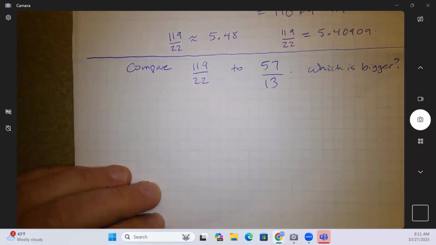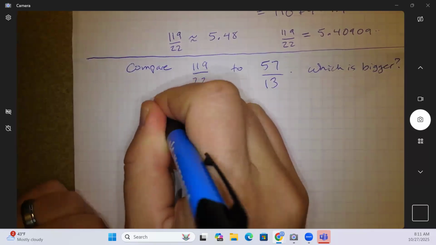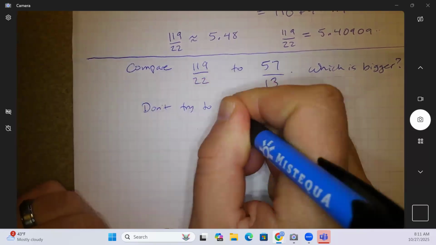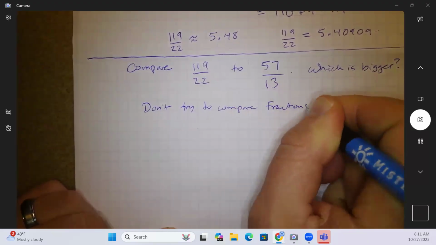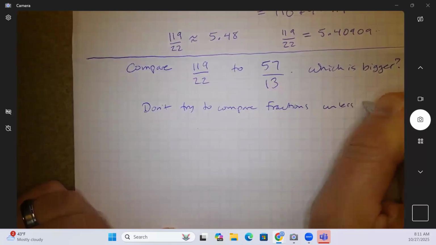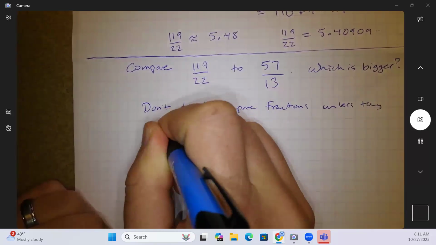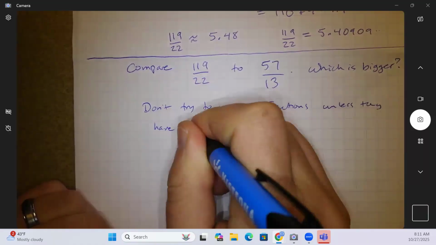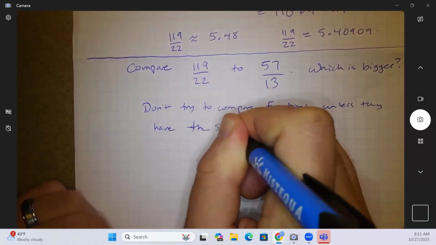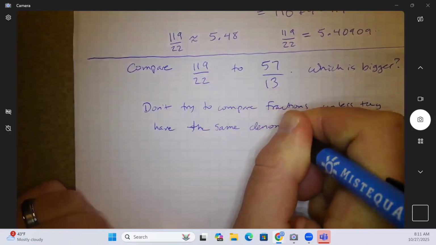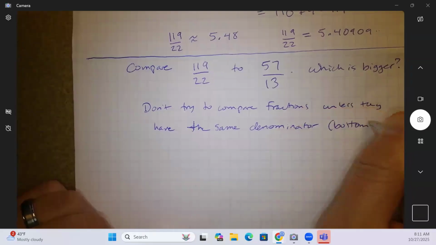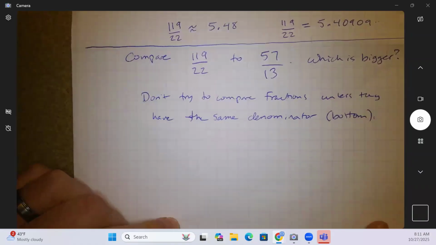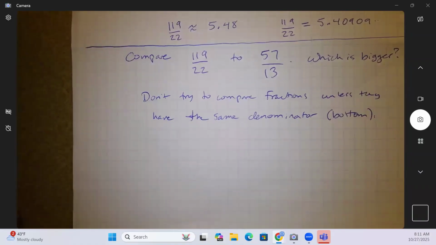Okay, so the challenge is don't try to compare fractions unless they have the same denominator, which is the bottom. If they do have the same denominator, you just get to compare the numerators.